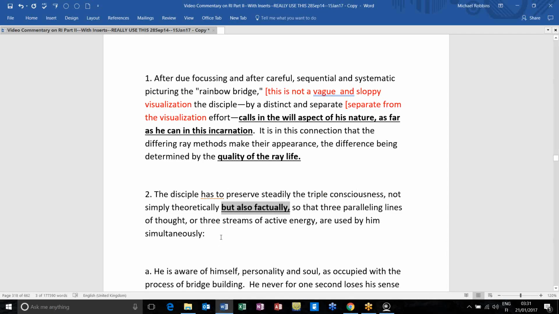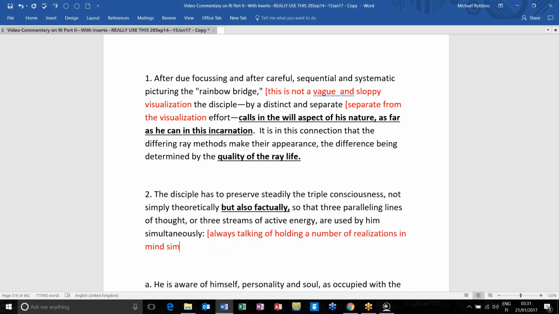Now, DK is always talking about, let's just say, holding a number of realizations in mind simultaneously. Okay, so what are these three?